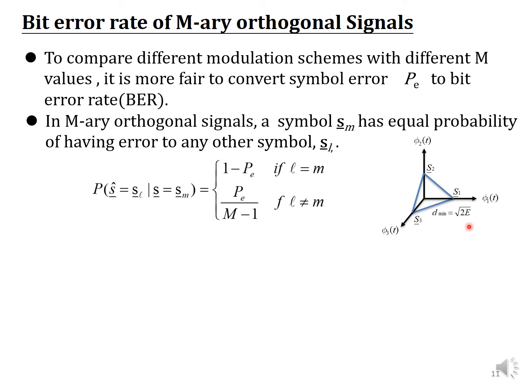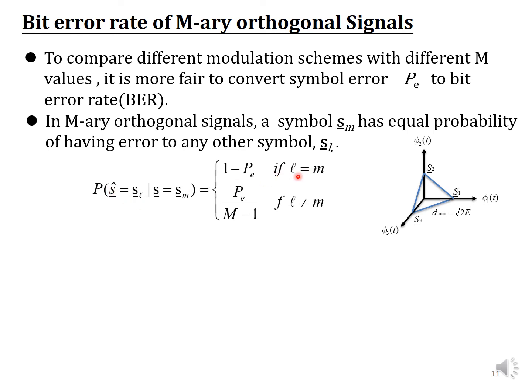And so if the error probability, the probability of error when M was sent, a symbol M was sent. However, the detection, the estimate, or the decision is S_L.